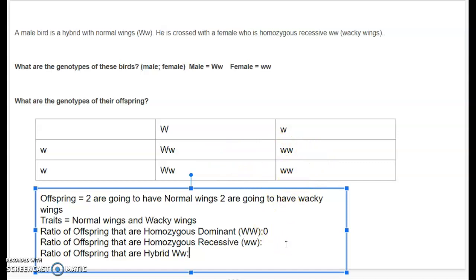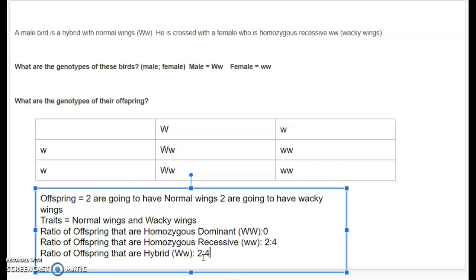So right, my ratio here would be 2 out of 4. When you write a ratio, as we know in math, you should be putting a colon in the middle. Now let's look at my hybrid. I know my hybrid should be 1 capital and 1 lowercase. So if I look at my hybrid, I know that I have 2 out of 4.